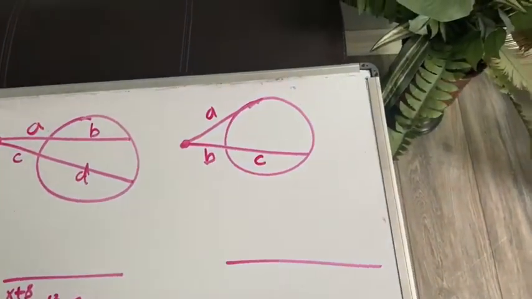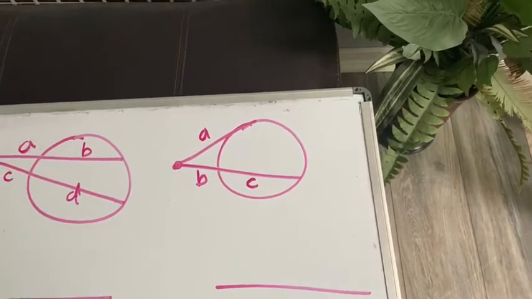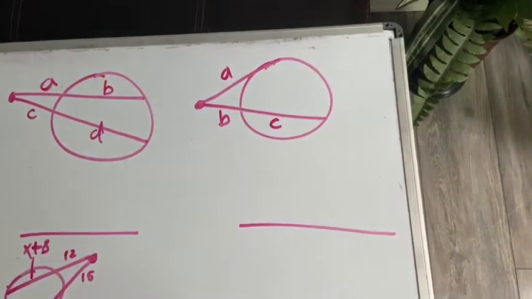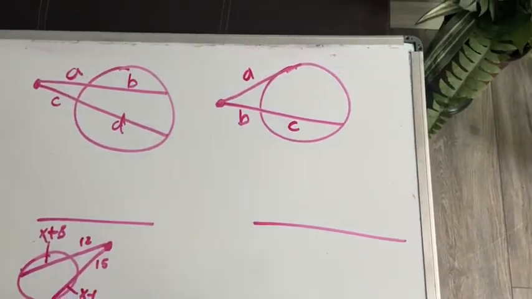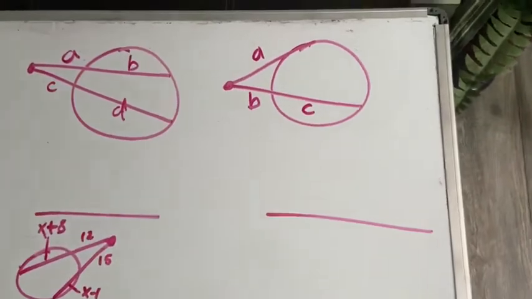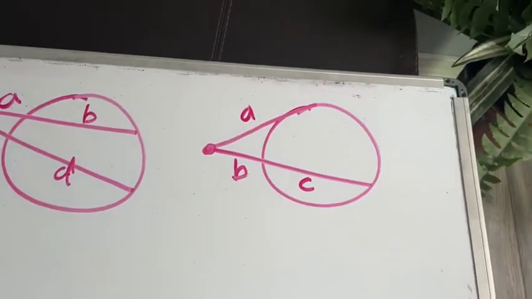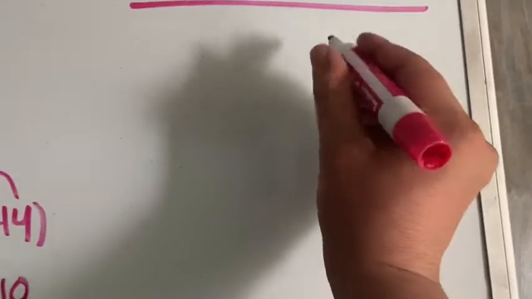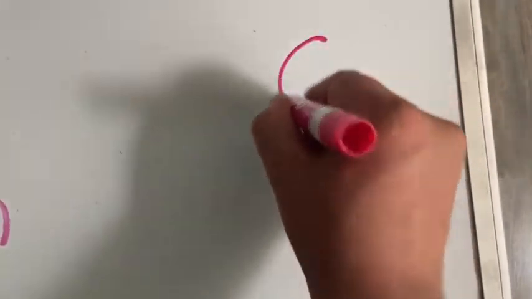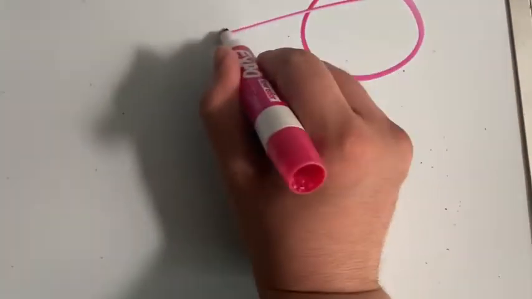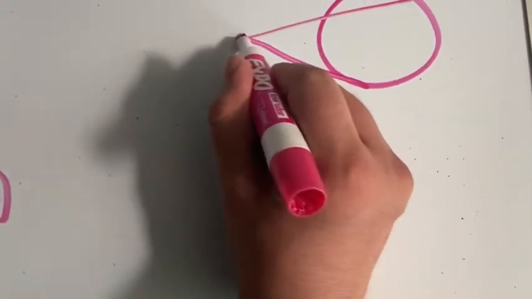So this is our last type of intersection point. This is when dealing with an exterior point, except with a tangent line and a secant line, okay? So let me go ahead and find an example on that. Here you go. So what I'll have here is, again, I'll have a circle with a secant line and a tangent line, okay?